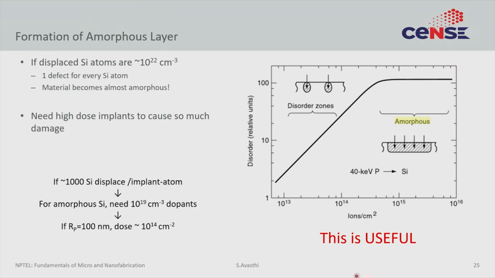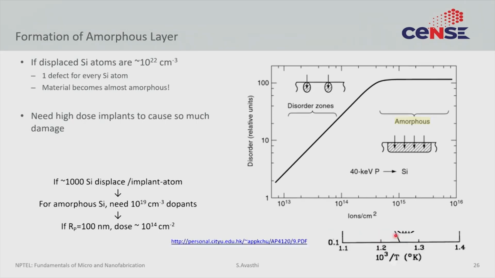You would think this is bad, right, because while doing crystal growth, we had done so much work to get this perfect silicon lattice, and by just doing ion implantation at high enough dose, we are completely obliterating it and getting amorphous silicon. But trust me, this is useful, and why, we will come to it in a minute.